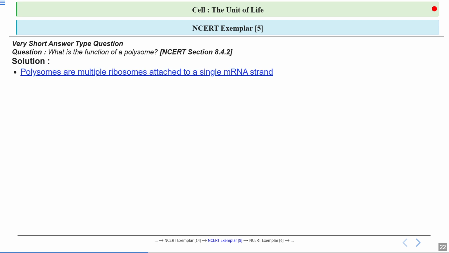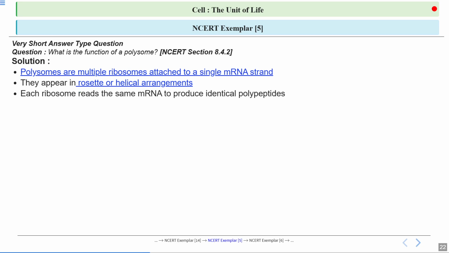Polysomes are multiple ribosomes attached to a single mRNA. There is a single mRNA, but many ribosomes are attached to it, so they appear as a rosette or a helical arrangement. We will see the diagram just now, then you will understand.